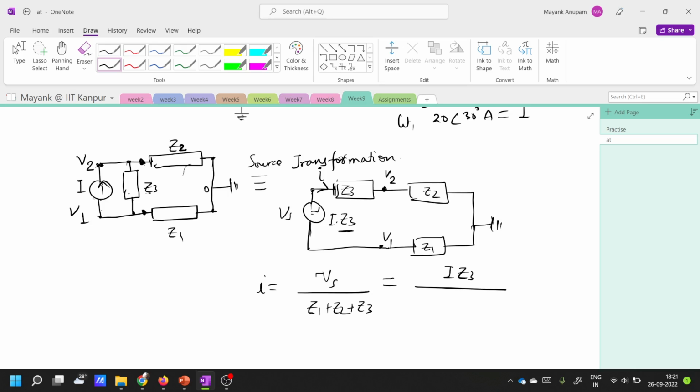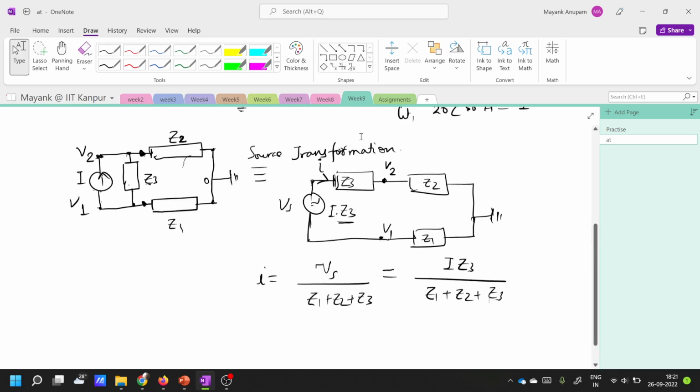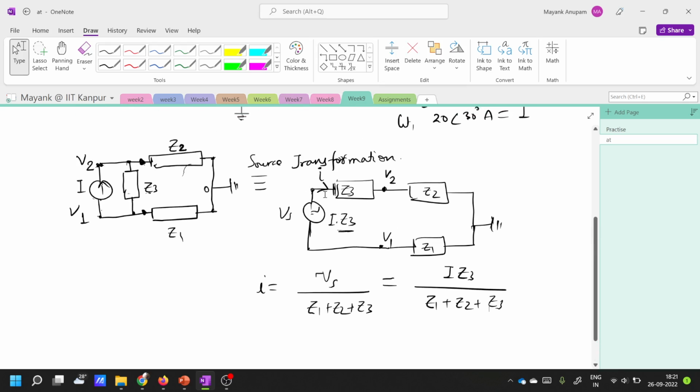So I is I times Z3 divided by Z1 plus Z2 plus Z3. This is the current that is flowing in this direction that I have shown here. Now when this current flows in this direction, it creates a voltage V2 equal to Z2 times I, with respect to ground. This is equal to 0 volt, right?